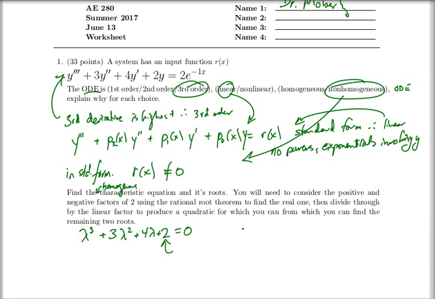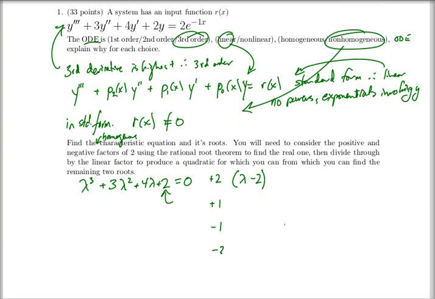Well, there aren't that many of them. Let's consider the plus 2, which would give us a lambda minus 2 factor, the plus 1, the minus 1, and the minus 2. Looks like probably 3 of those are going to turn out to be factors.